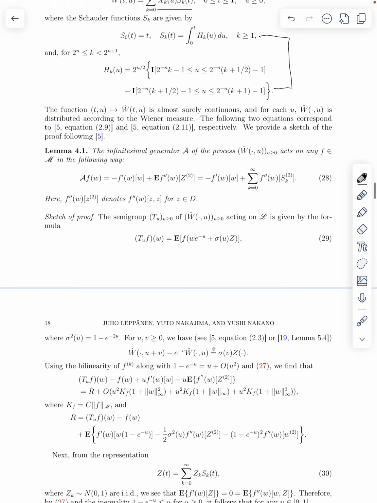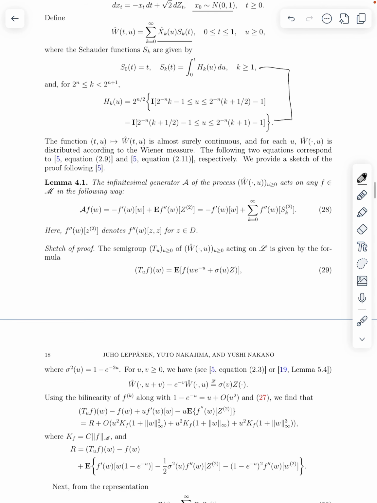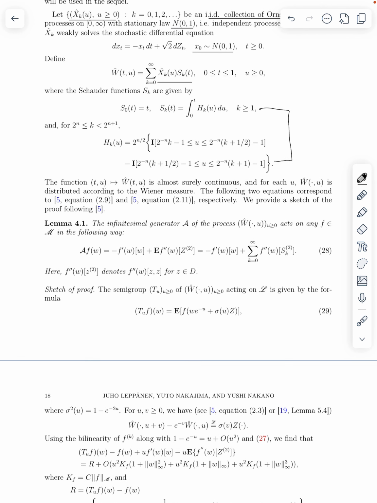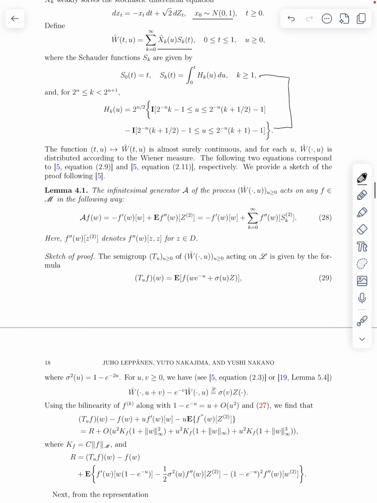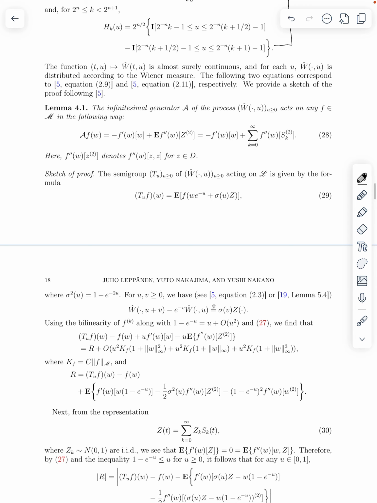So the point now is that we have found a representation of what our process looks like, and we're going to define this as a new process on path space, which is generated by each of these components underlying it. Now we're going to check what the distribution is like.